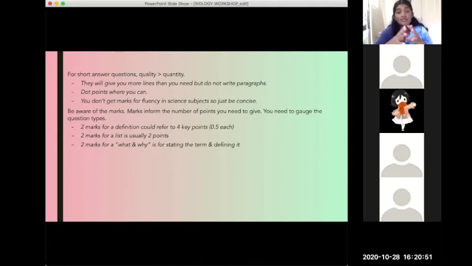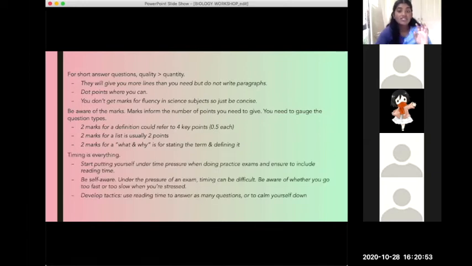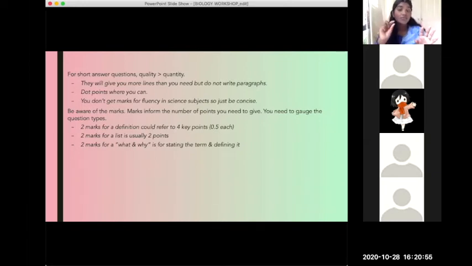Be aware of the question stems as well. If they ask you to explain something, it's always about going a bit deeper. It's not just, okay, in this graph we see that the rate is decreasing. A lot of people say that because they're summarizing what's happening in the graph or in the table.